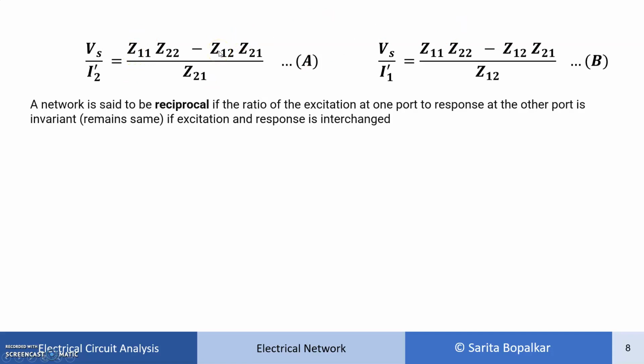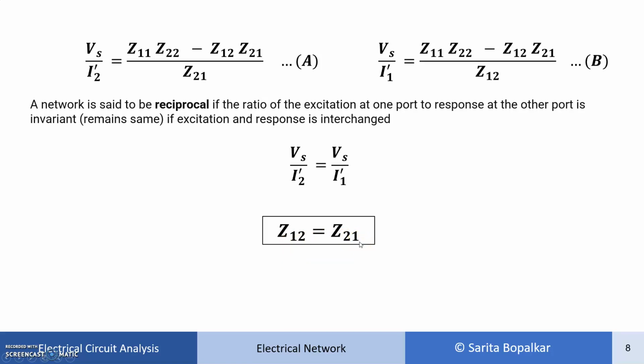Then only we can say our network is reciprocal. Now you can check these ratios. The numerator is the same in both cases. To get the ratios equal, the denominators should be equal. That's why the condition for reciprocity in terms of Z parameters is Z12 equal to Z21.